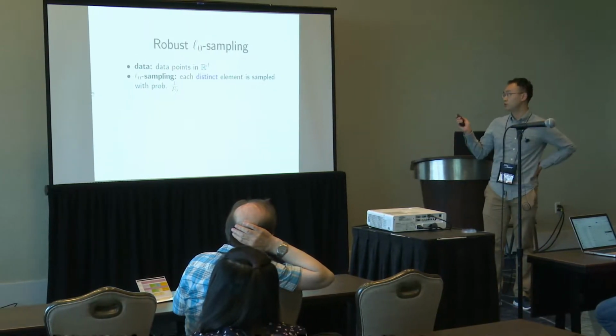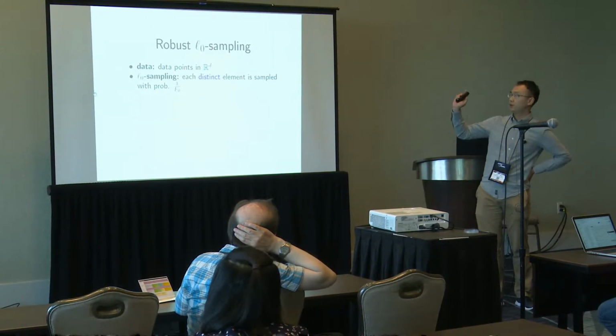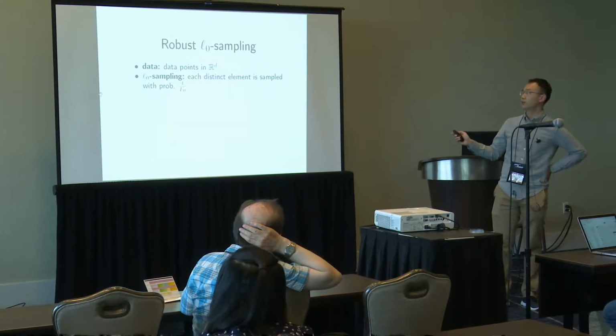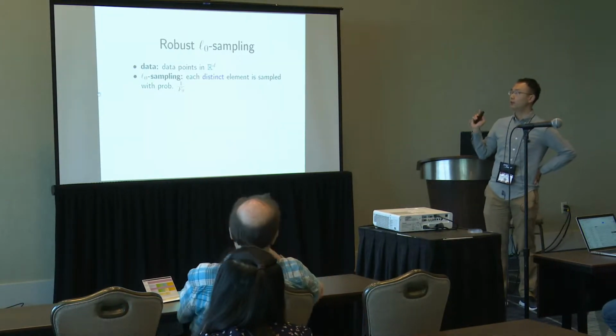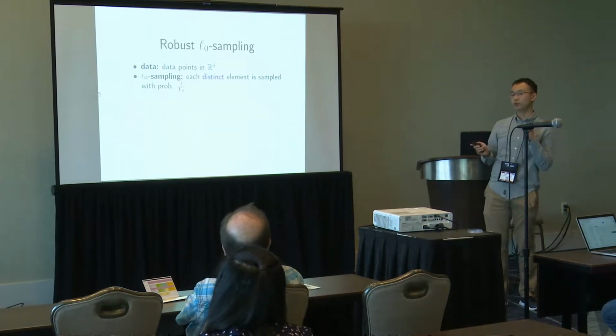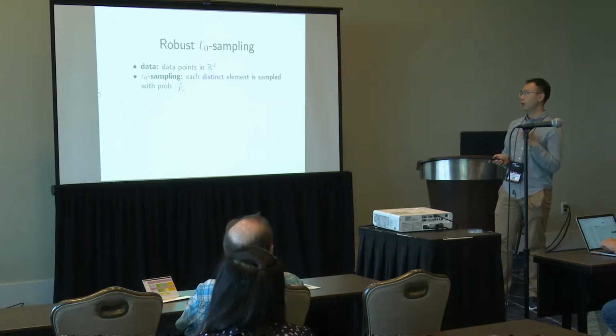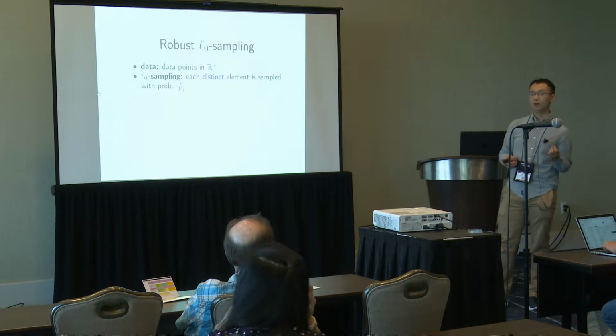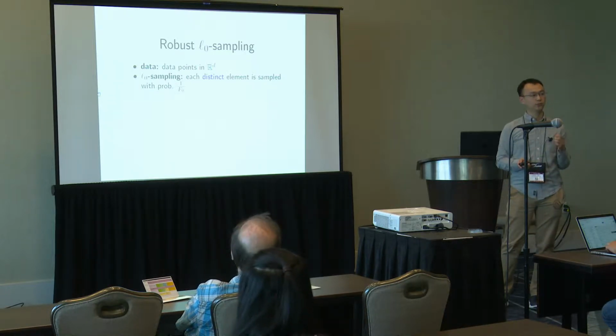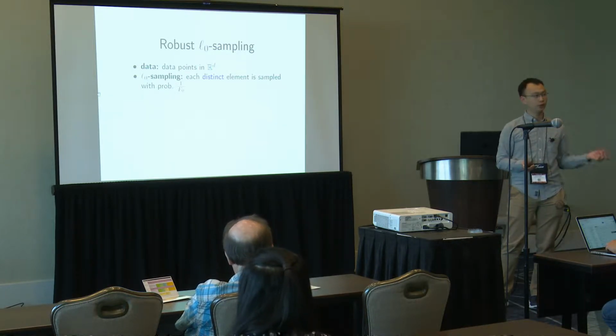For the non-noisy setting, the problem is called L0 sampling. That means we want to sample from the distinct elements, where each element is sampled with probability 1 over F0. F0 is the number of distinct elements in the data stream.